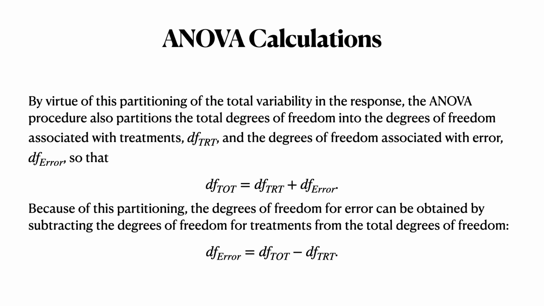And because of this partitioning, the degrees of freedom for error can be obtained by subtracting the degrees of freedom for treatments from the total degrees of freedom. And as it was for calculating the error sum of squares, it's typically easier to calculate the error degrees of freedom using this approach rather than trying to calculate the error degrees of freedom directly.